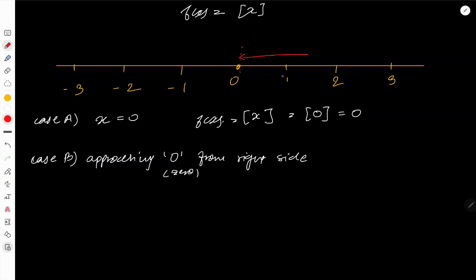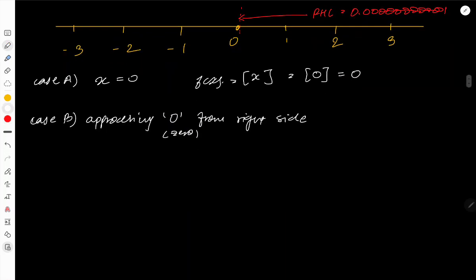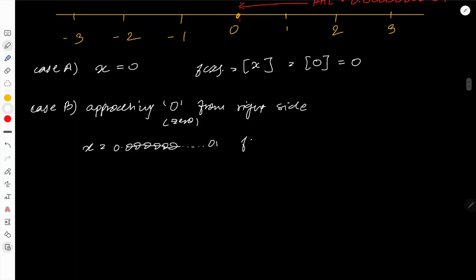There is a number which is just a little bit greater than 0, which we can say RHL, x equal to 0.0000000001. So f of x will be equal to box of x that we defined, and at such time we put the number 0.00001, which is equal to 0. Box of any number like this is 0.